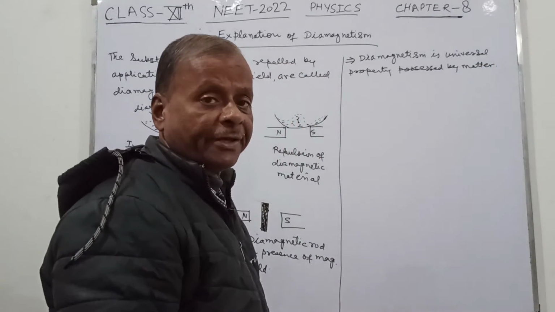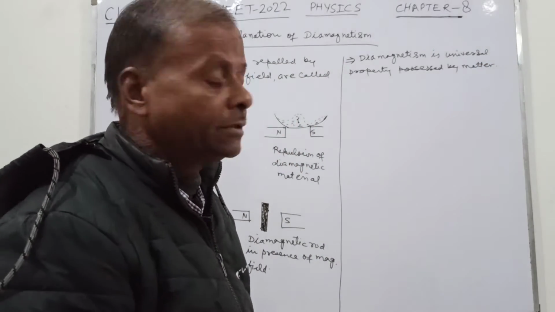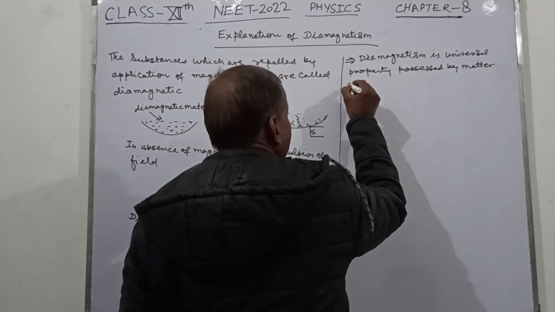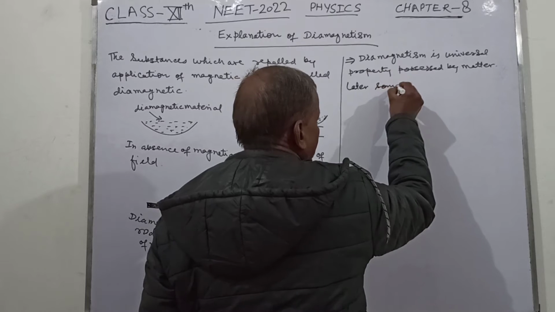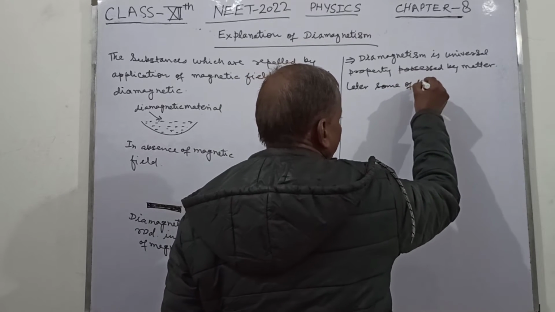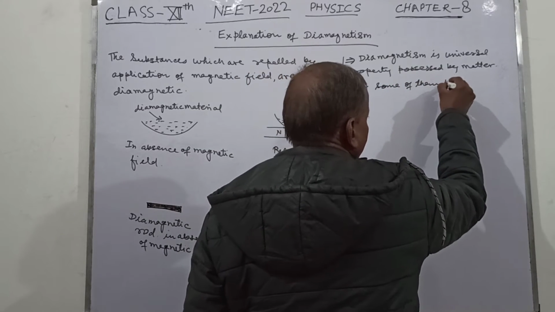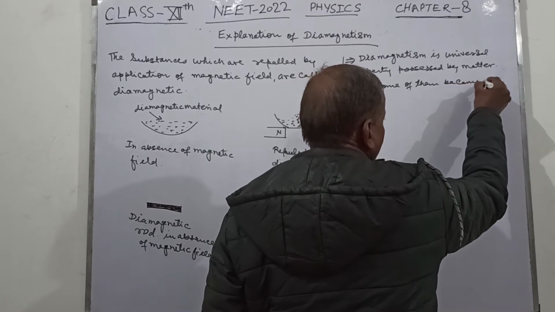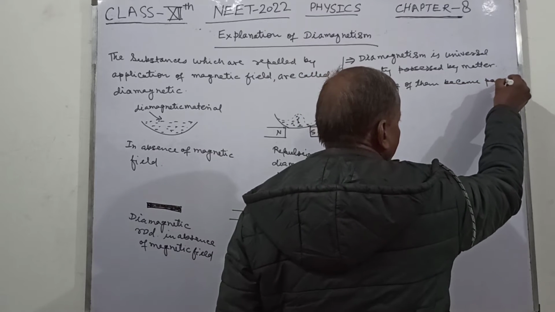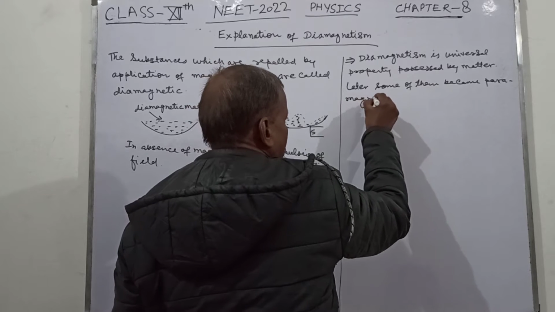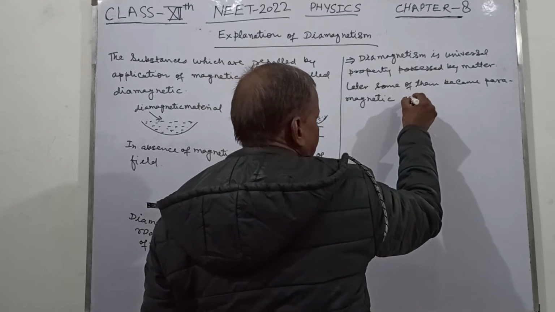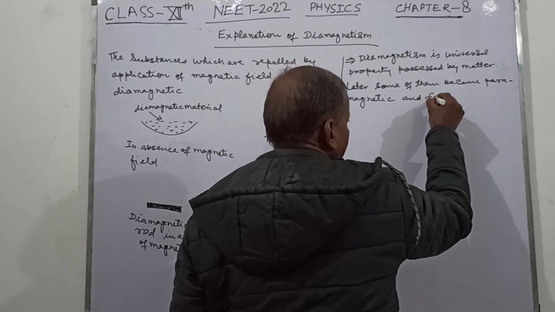Later, some of them became paramagnetic and ferromagnetic.